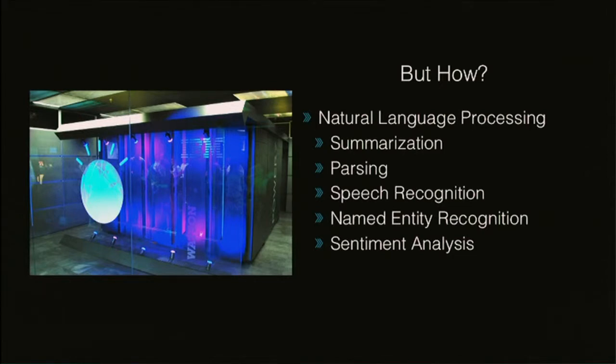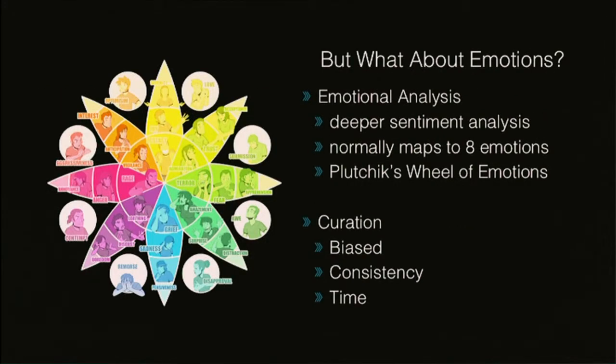But what we're using here is actually emotional analysis, which is a little bit deeper sentiment analysis. Sentiment analysis by itself really focuses on the polarity of a block of text, whether it's opinionated or neutral.